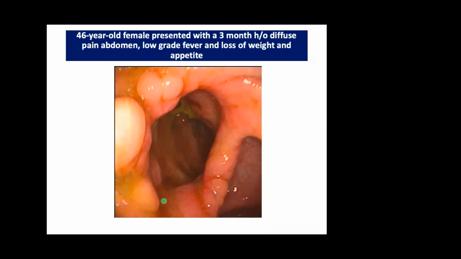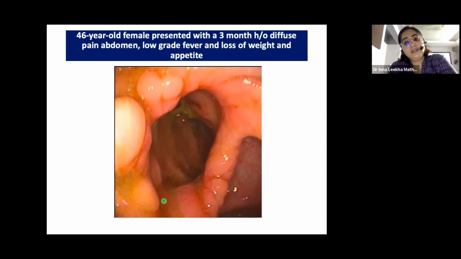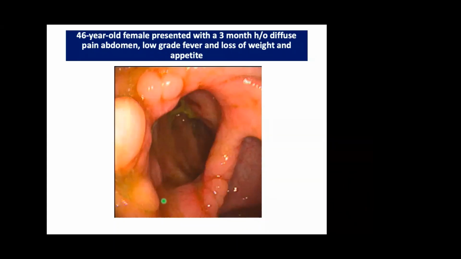Describe the finding. Which part of the GI tract does it look like? The ileocecal region. Yes, this is the IC valve. This is a patulous IC valve.